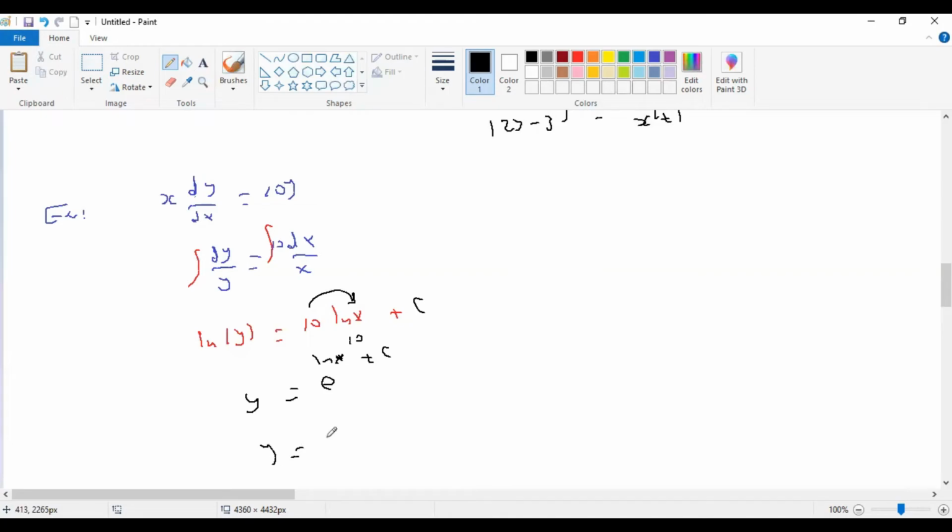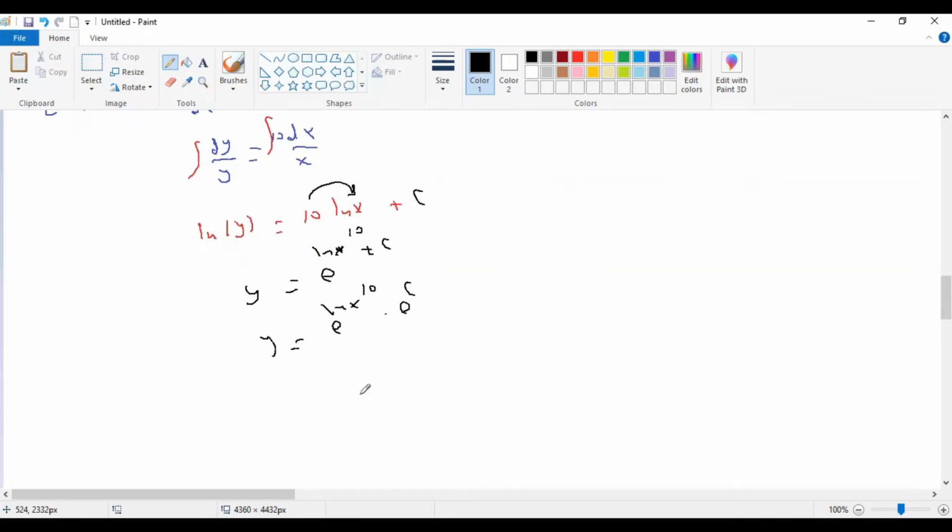So I can write e to the power ln x to the power 10 times e to the power c. Using the ln and e identity, this is x to the power 10 and e to the power c. I can write it as c1, or you can write it as k, for example. Okay, so this is the answer: y equals k x to the power 10. What about the k? The k is e to the power c.